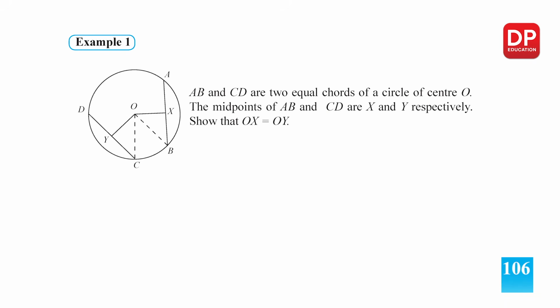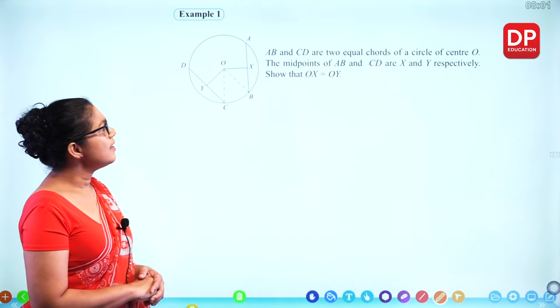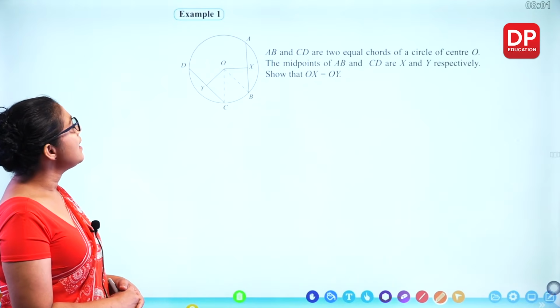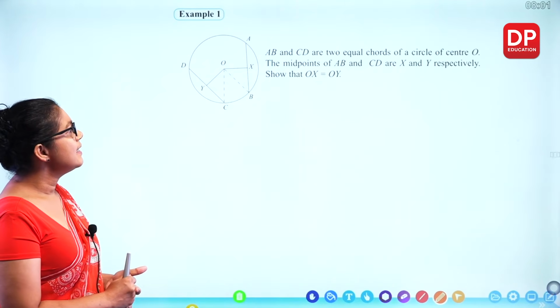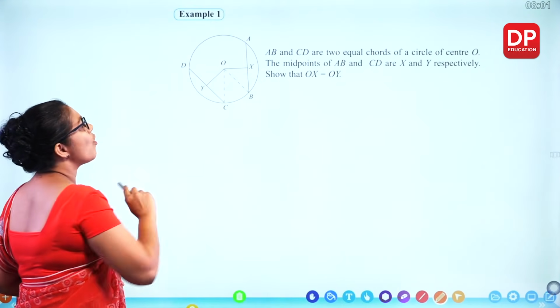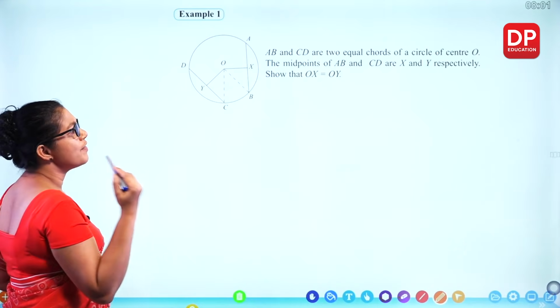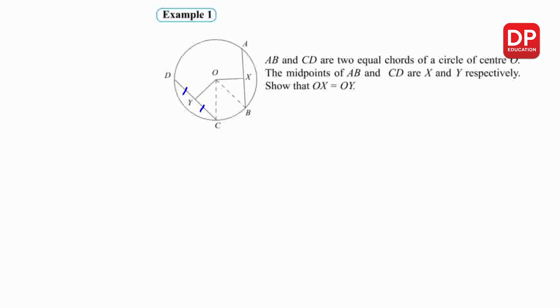Now we'll look at examples in your textbook. So here you are given a circle with AB and CD are chords and O is the center, and also given the midpoints of these chords are X and Y. So that means straight away you can write down this length is equal to this length, this one is equal to this length because X and Y are midpoints.